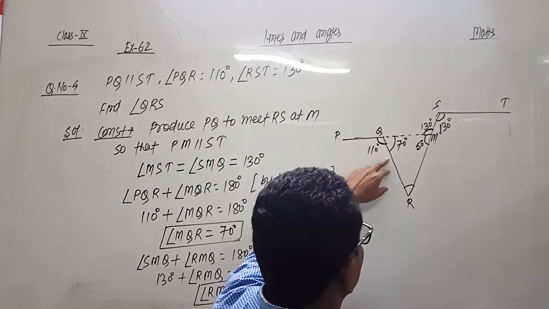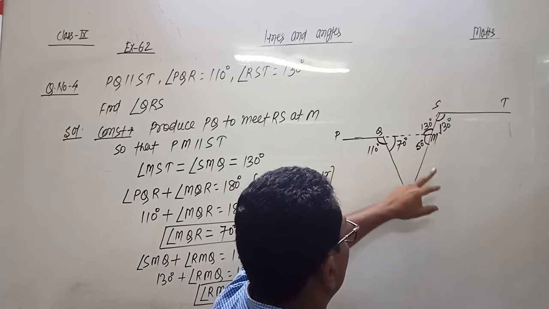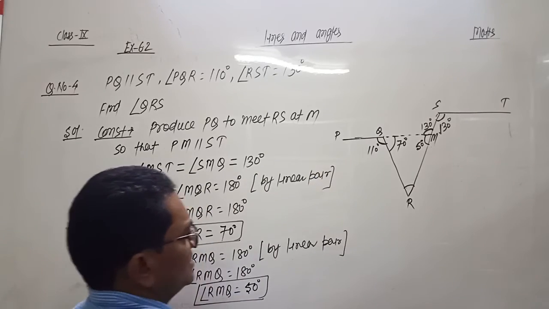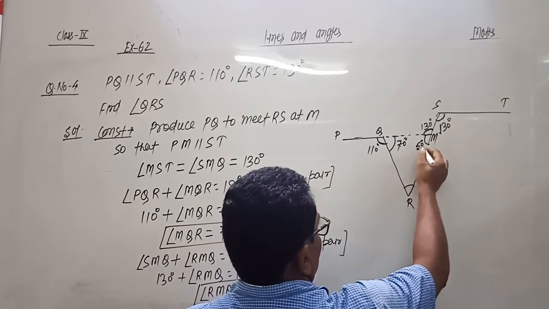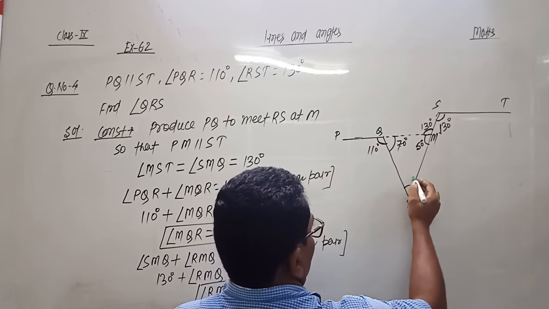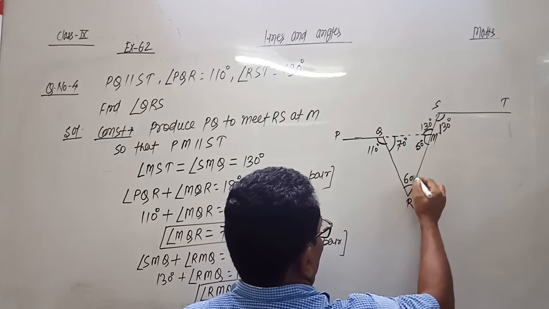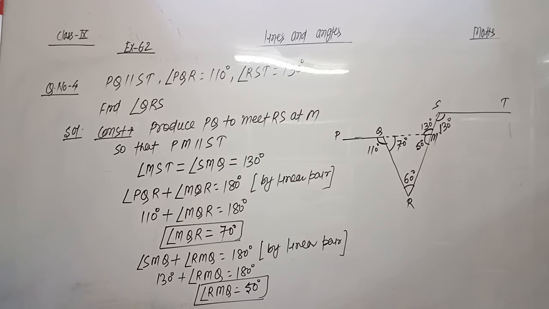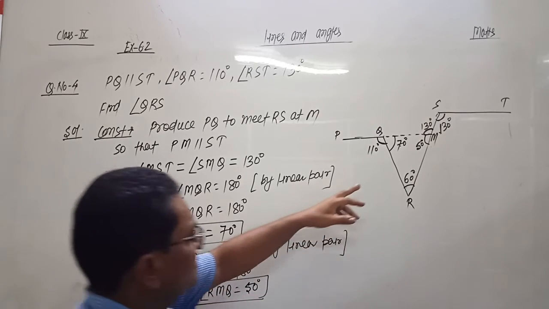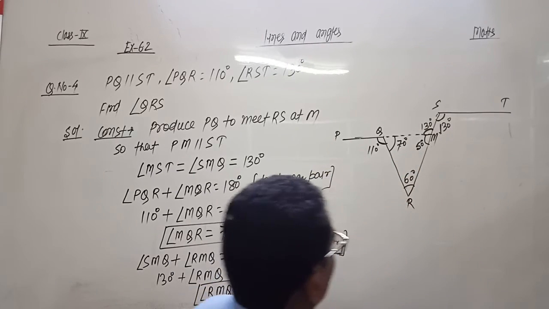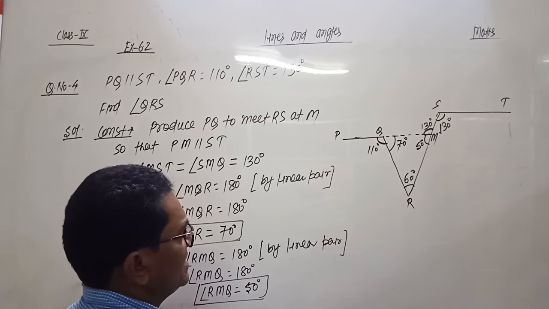And if this is 70 degree and this is 50 degree, then the sum of these two angles is 70 plus 50, 120, and this angle will be 60 degree, because the sum of three angles of a triangle is 180 degree. So 70 plus 50, 120, plus 60, 180 degree.